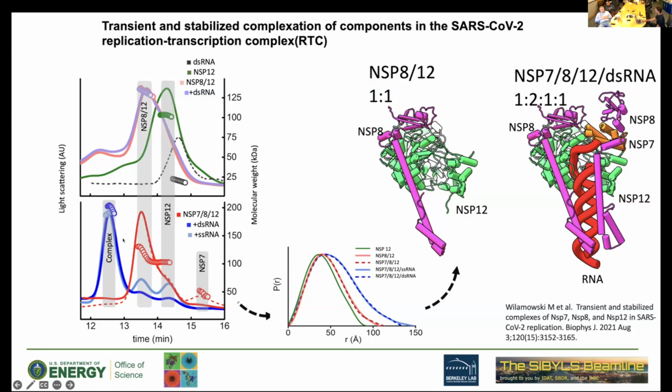And you can do this and get the final curves by fitting those curves. I'm showing here the fit in real space, where the dotted lines are theoretical versus the solid lines are experimental P(r) functions. And so we come up with NSP8 and 12 in a 1:1 ratio without the RNA. When the RNA is present, the 7 comes into place and stabilizes the complex with the RNA.